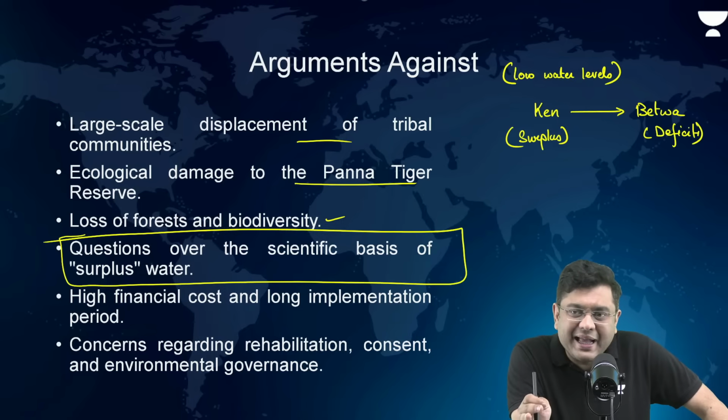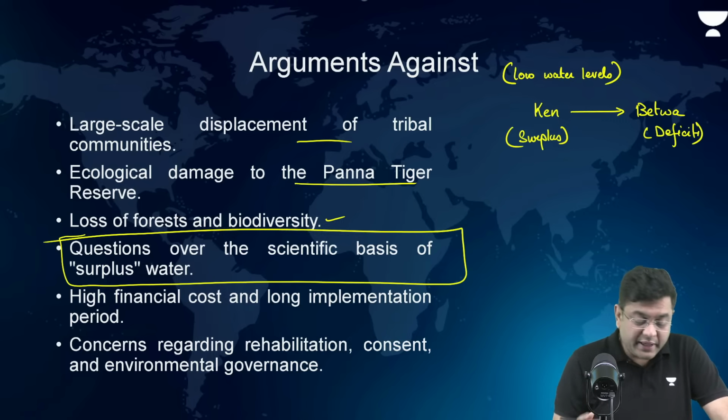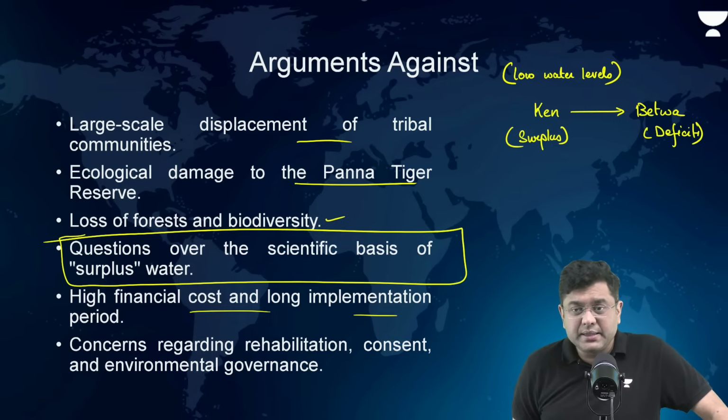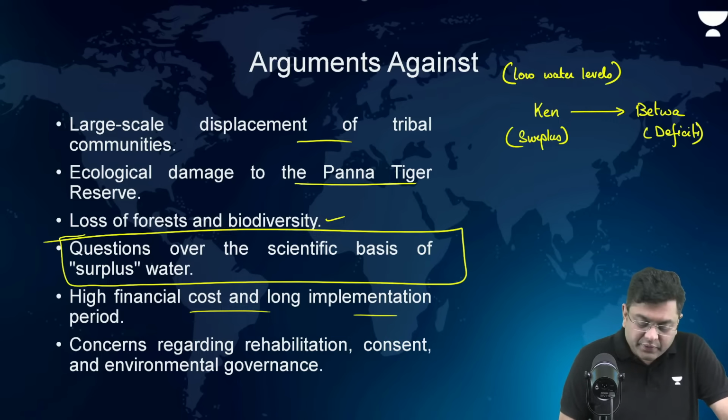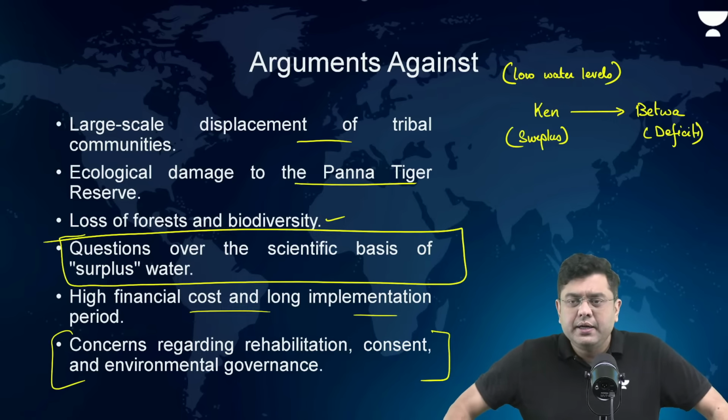That rather than surplus to deficit, one dry area will lead to multiple dry areas. That is the doubt. High financial cost and long implementation period has been one of the disadvantages ever since the time of independence. Concerns regarding rehabilitation, consent to the farmer provided by the Gram Sabhas, that is also being fudged up as per the records.